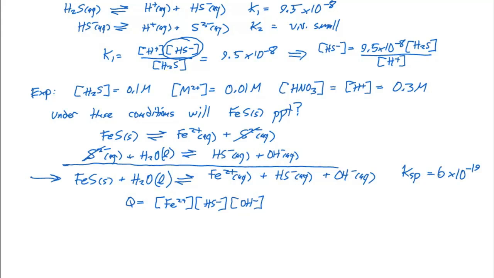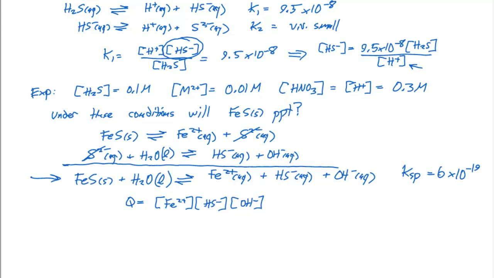One thing that I will point out, this HS minus concentration is dependent upon the H plus ion concentration. So this HS minus concentration can be manipulated by changing the pH. Remember, this is very important when we're separating these things out based on pH.